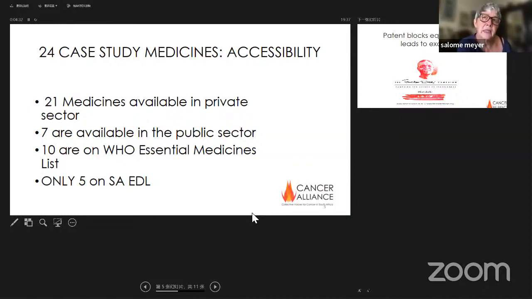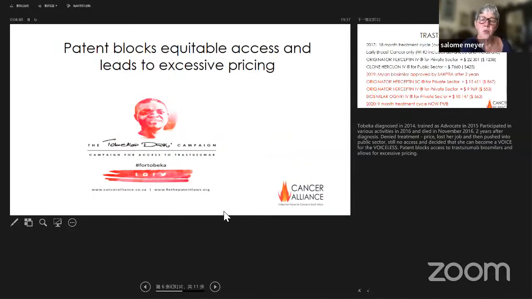That in particular is another problem we face in low and middle income countries: the whole issue of advocacy with regards to the access and affordability of certain medicines. So next slide, please. What we have seen is that patents block equitable access and lead to excessive pricing.